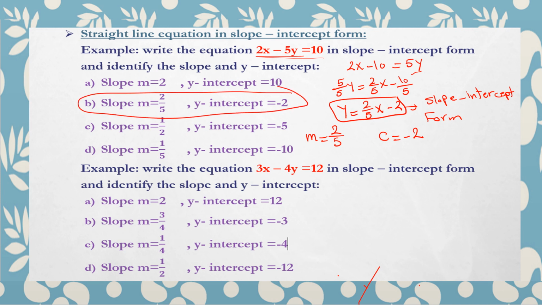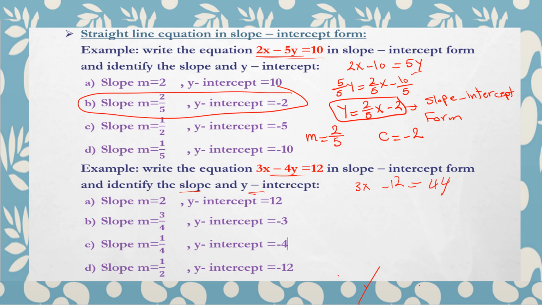Again, write the equation in slope-intercept form and identify the slope and y-intercept. Again, we should rearrange the equation. So, minus 12 equals 4y.